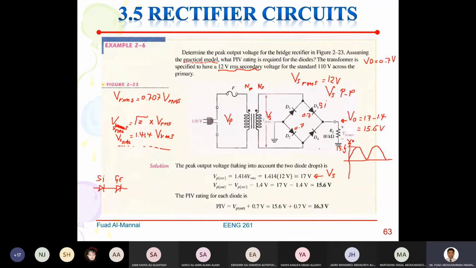Multiply it by 2 for the full-wave rectifier, so 2 Vmax divided by pi. Any questions? Very good. Remember, this is how you calculate the VDC.